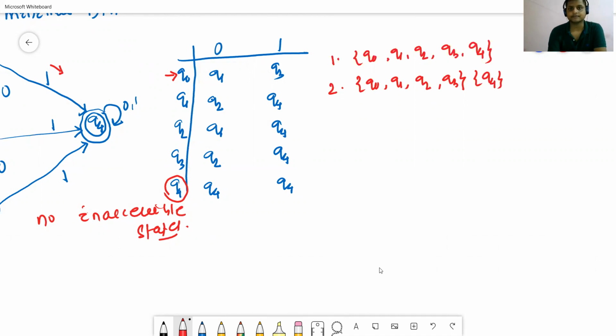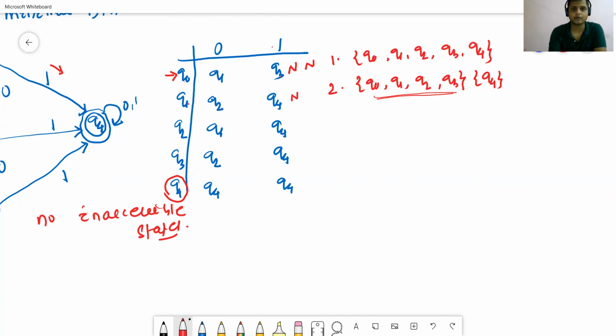Now we'll further divide these states. See here, Q0 reads 0 and goes to Q1, a non-final state. Q0 reads 1 and goes to Q3, a non-final state.